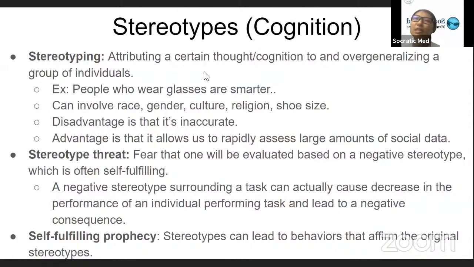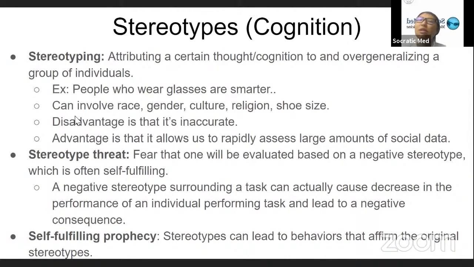Stereotype threat is the fear that one will be evaluated based on a negative stereotype, which tends to be self-fulfilling when people who have this negative stereotype are told about it.